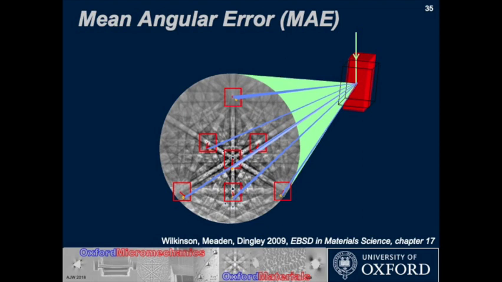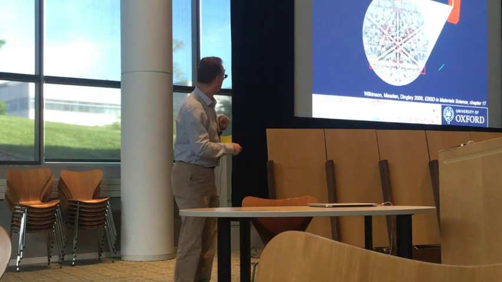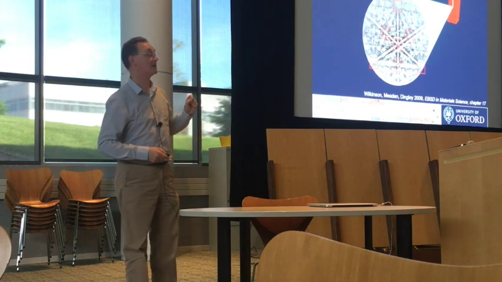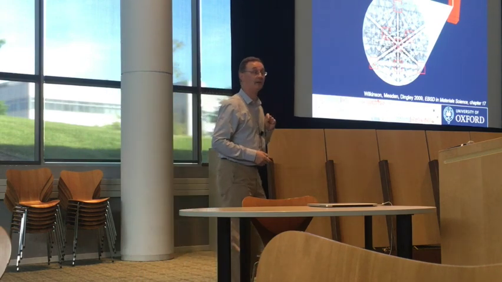We end up with a best fit strain and rotation tensor, but then from those we can work out what the shift should have been in each of these regions and compare it to where we measured things to have moved from. And the size of these angular wedges in here, from the shift that we've measured and the shift we expect from our best fitting strain and rotation, gives us a mean angular error, okay, which gives us a measure of how precisely we're fixing that strain tensor.